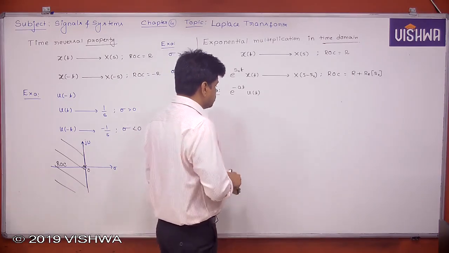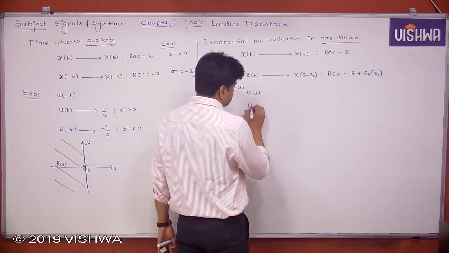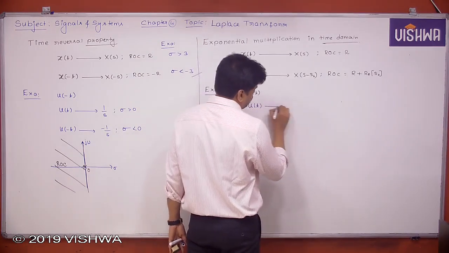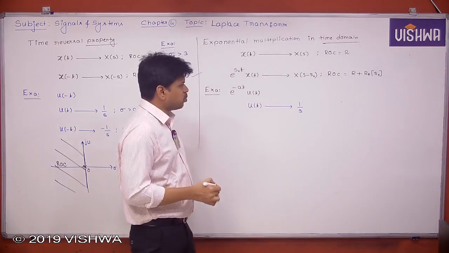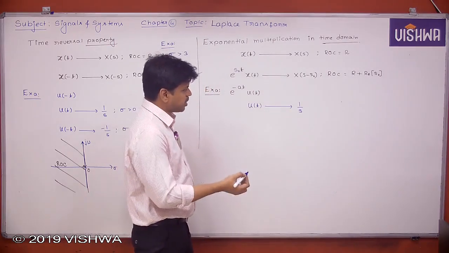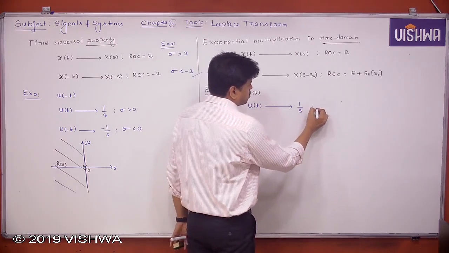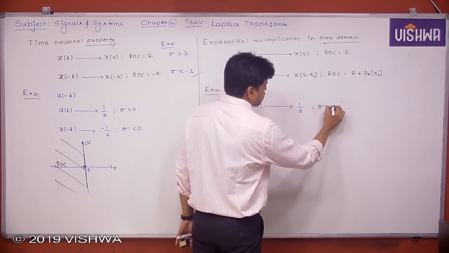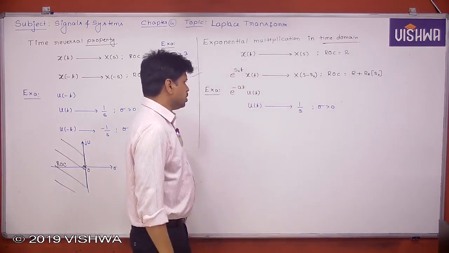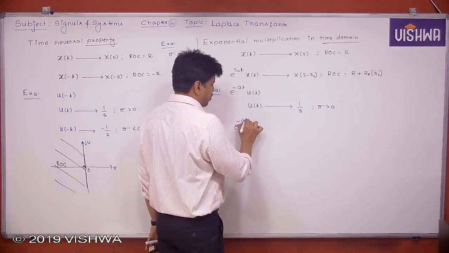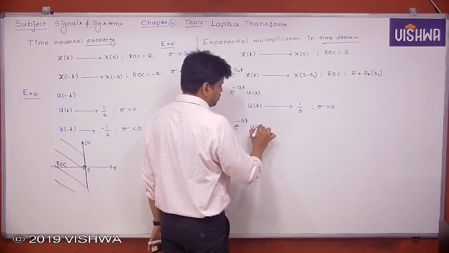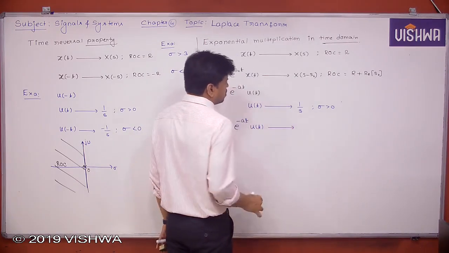First, we know for u of t the Laplace transform is 1 by s. And what is the ROC for this? Sigma greater than 0.